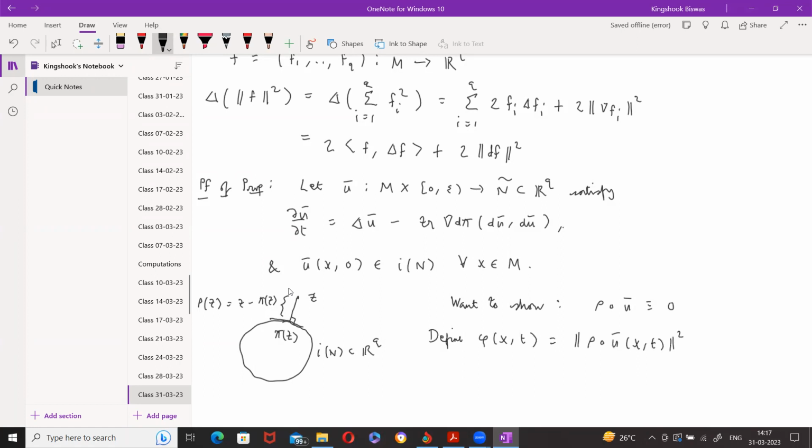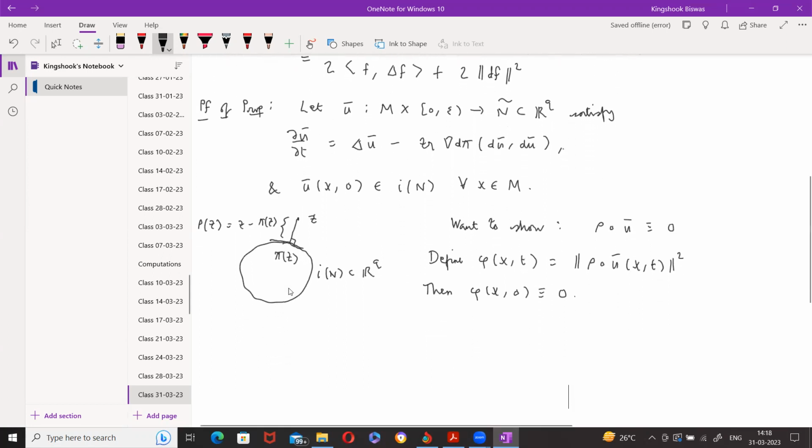So we want to show this function phi is identically 0. We know that phi of x comma 0 is 0 by hypothesis. So we want to show that for all positive time t, this is also true: phi of x, t is 0.